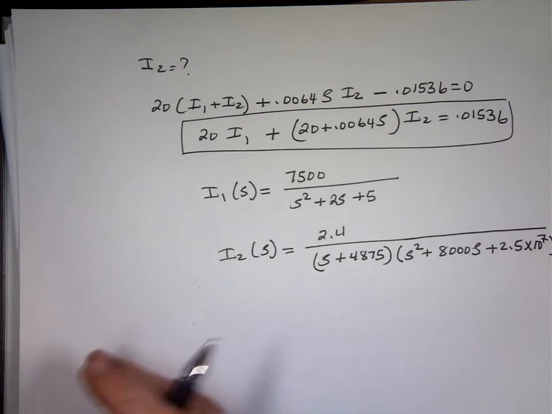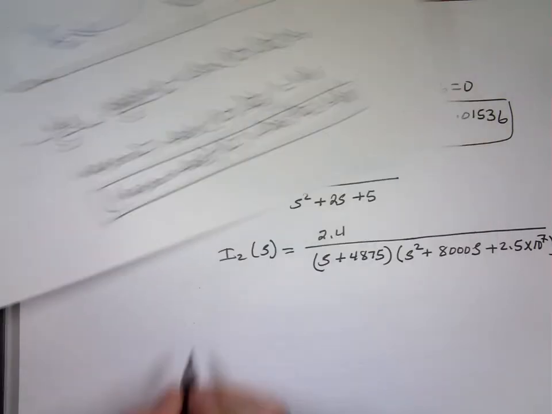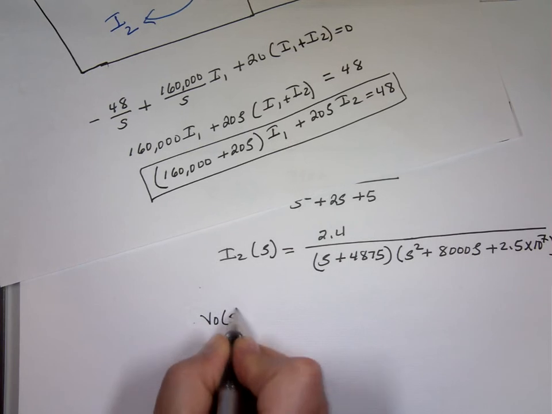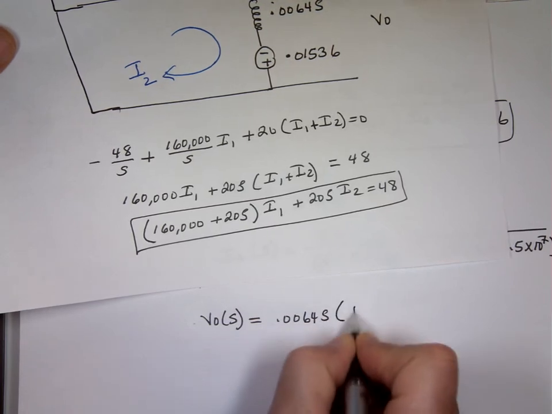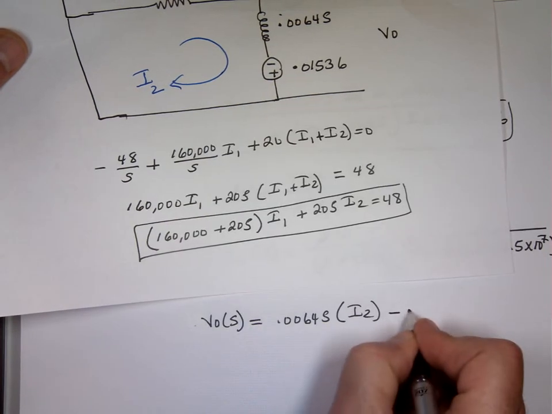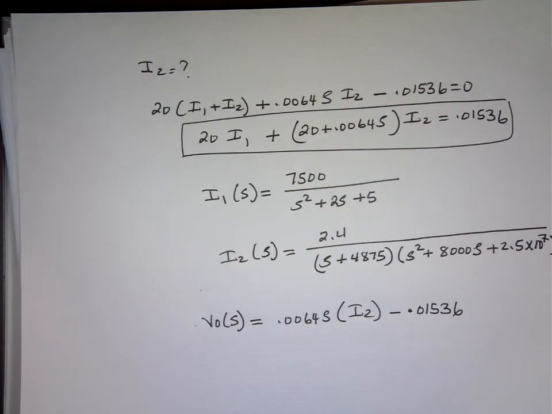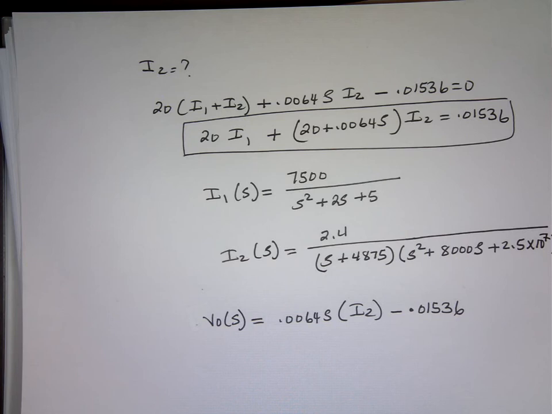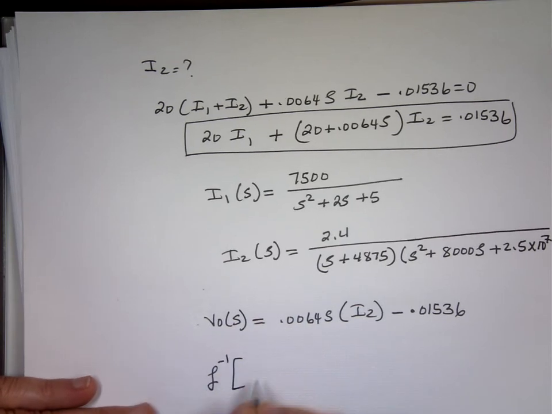So the way I would finish it, V out as a function of S will be 0.0064s times I sub 2, subtract from it 0.01536. You know what I sub 2 is, this number. Then what's the last step once you do that? Get the inverse Laplace of V out as a function of S.